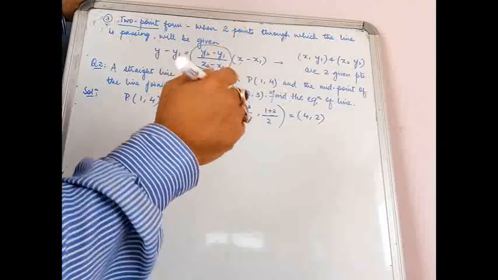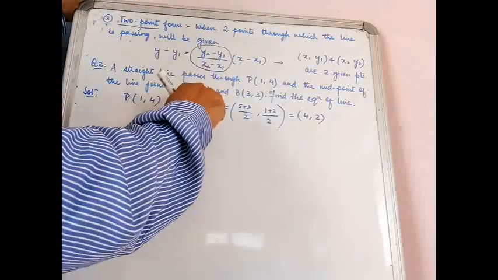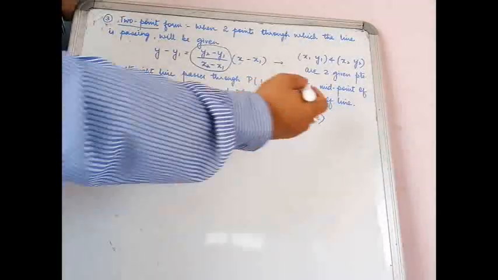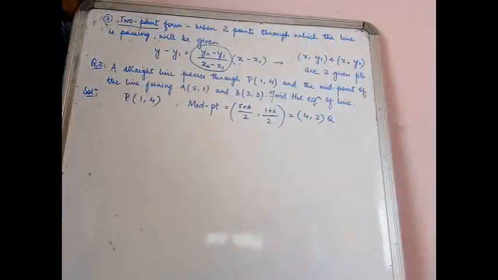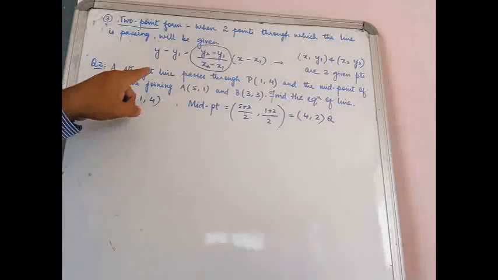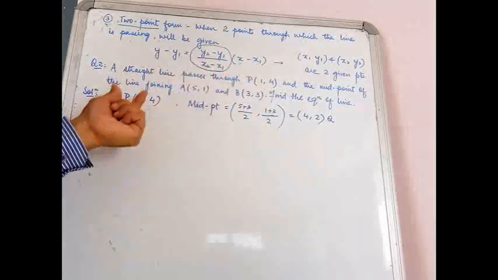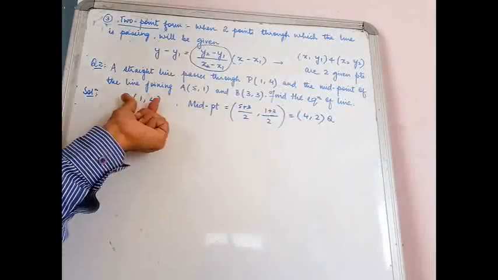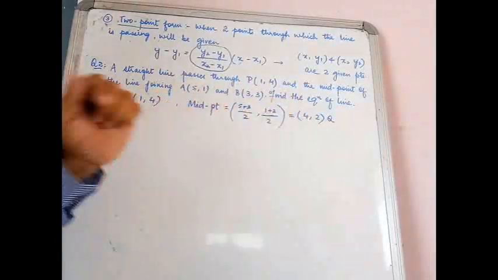Okay, so after finding the midpoint of these 2 points, we get this point. We can call this point Q. So now it is very clear that our straight line is passing through this point and the midpoint, which is this. These are the 2 points that we are talking about.